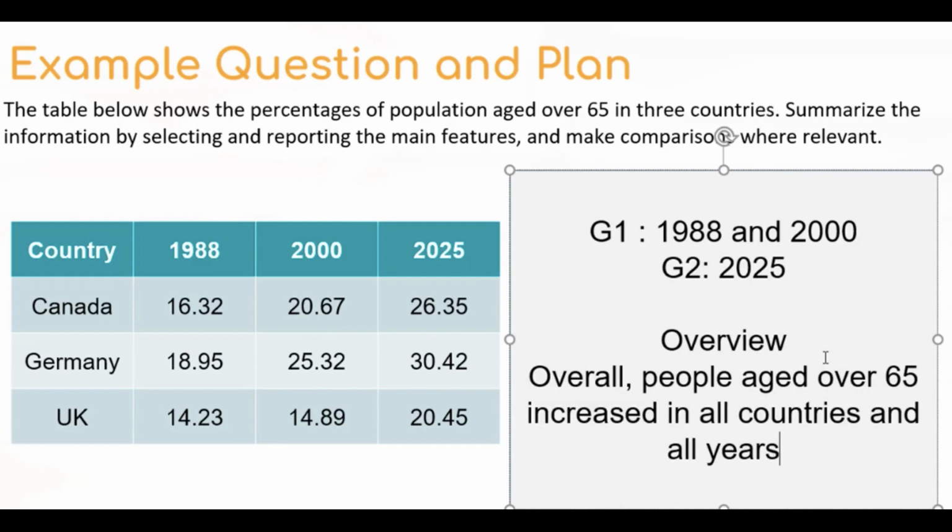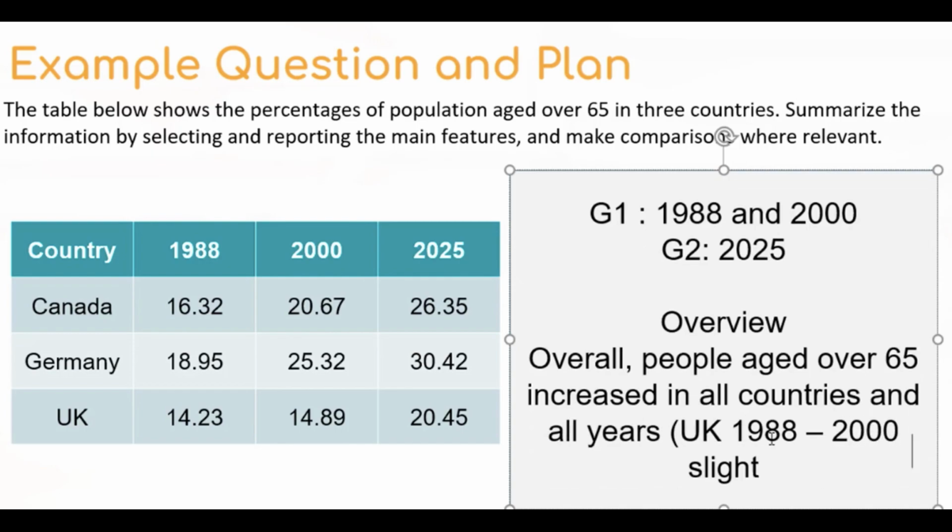In fact, for my overview paragraph, I may not want to write much more than this for it, although I could say, just to add another sentence, UK 1988 to 2000 was slight in its increase. It actually only increased around 0.5%, which was definitely the lowest amount of increase. I could possibly say that in my overview.